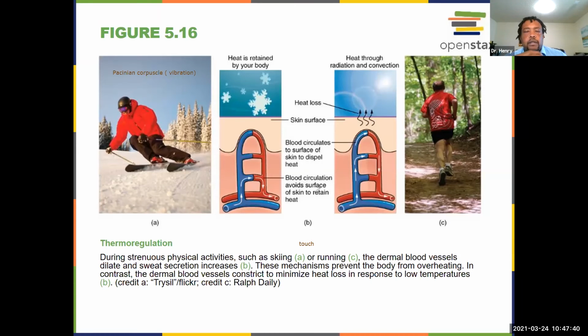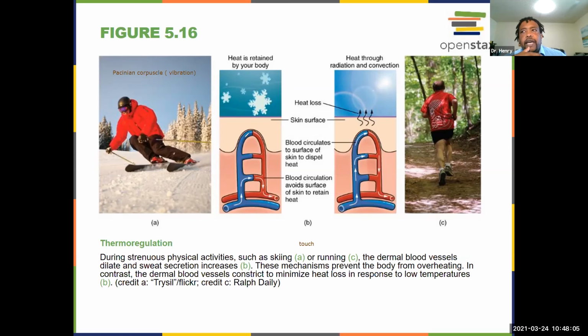Our veins and arteries circulate blood through the body. This circulation also serves as a way of keeping the body cool. When it's hot outside, we open up these blood vessels and blood flows through them.